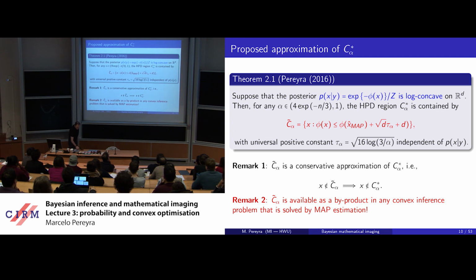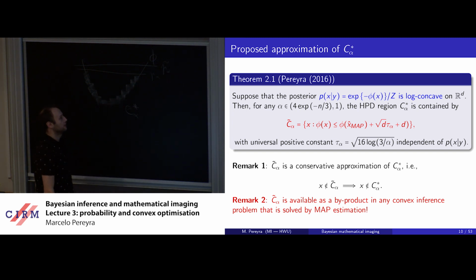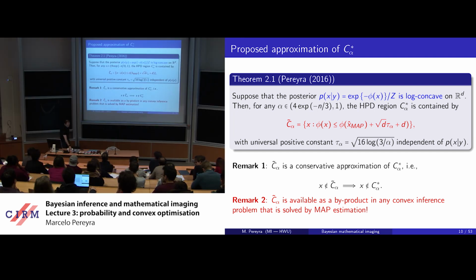So what that tells me is that there is another threshold, I'll do in blue, that I'll call gamma tilde alpha. What I'm saying is the set defined by gamma tilde alpha, given by this explicit expression that is trivial to evaluate once you have X map, this set contains the other one.